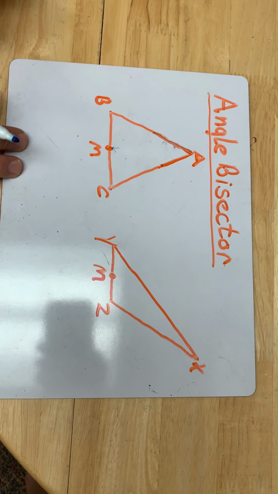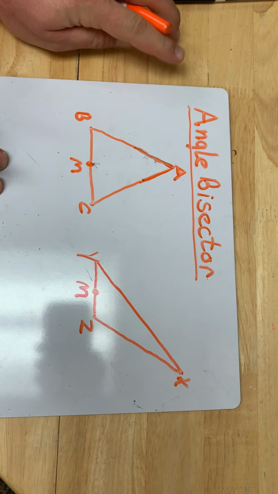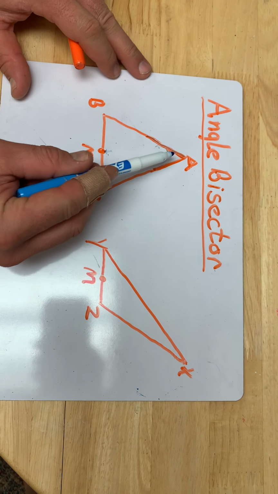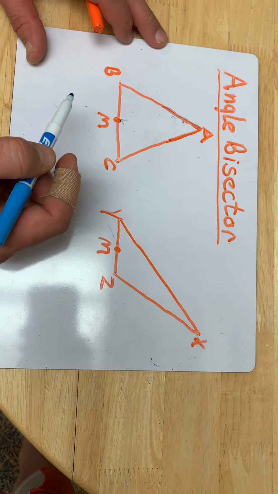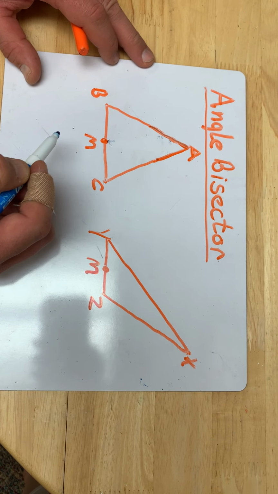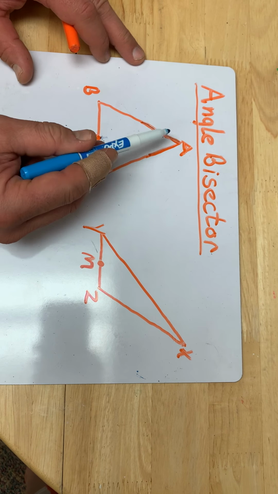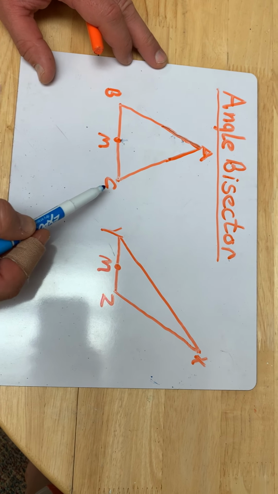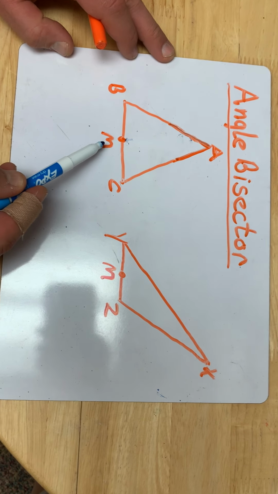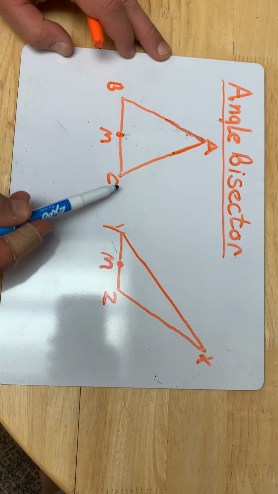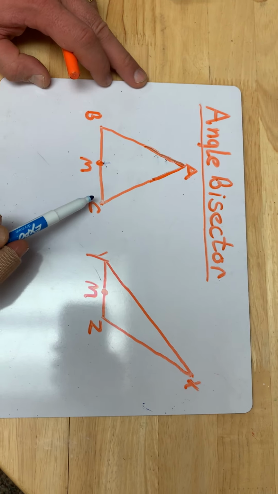So I'm going to show angle bisectors here from the top angle, the vertex angle of the triangle. If I'm looking at angle A up here, or angle BAC in this triangle, I've identified M down here because M is the midpoint of side BC.